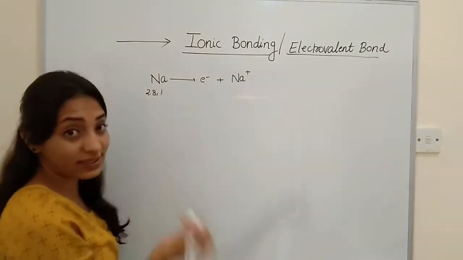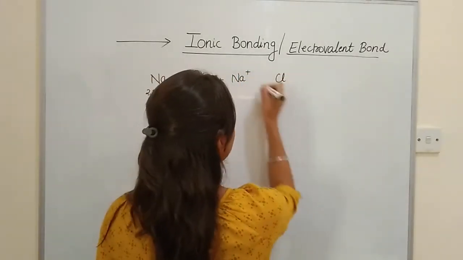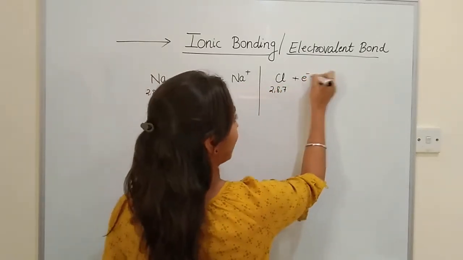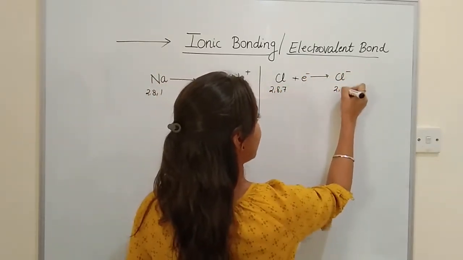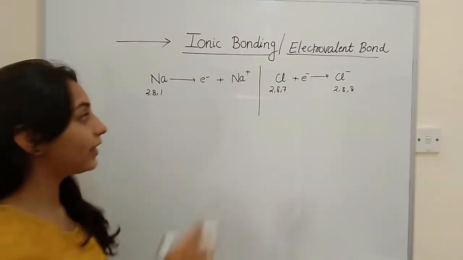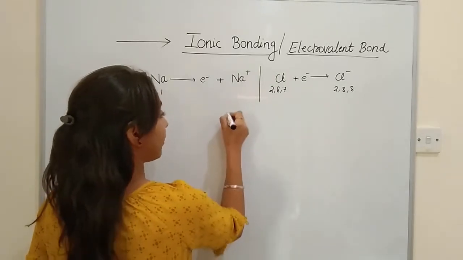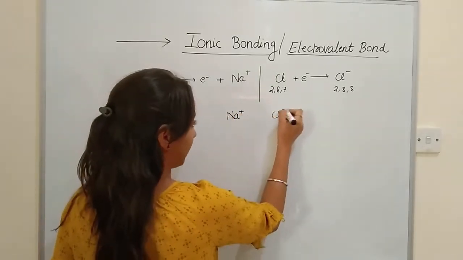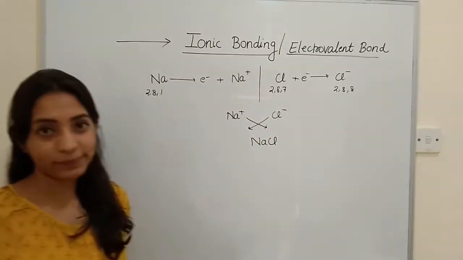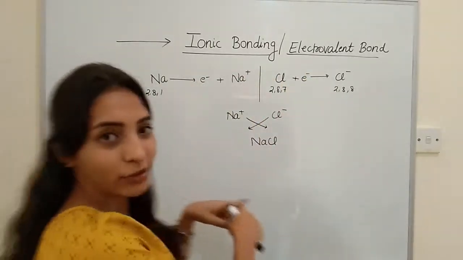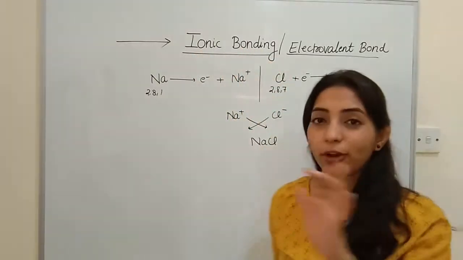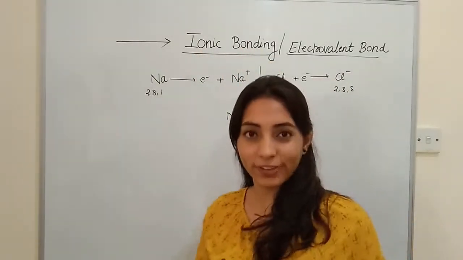Similarly, if there is an element Cl which is 2, 8, 7, it gains an electron and becomes 2, 8, 8. This was what was taught to you, right? And then they taught you that Na+ and Cl- will come close to each other to form NaCl. So this much was what was covered in the topic ionic bonding when you were small kids, right?